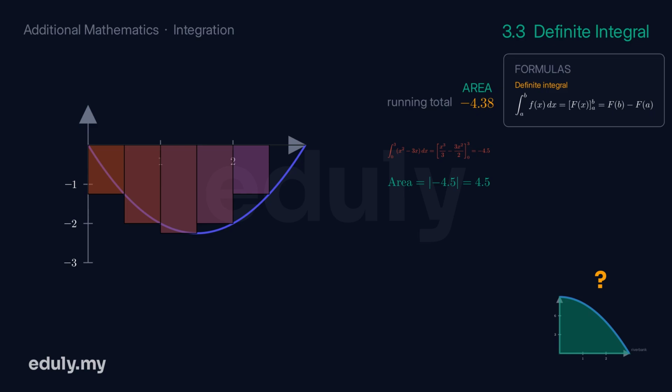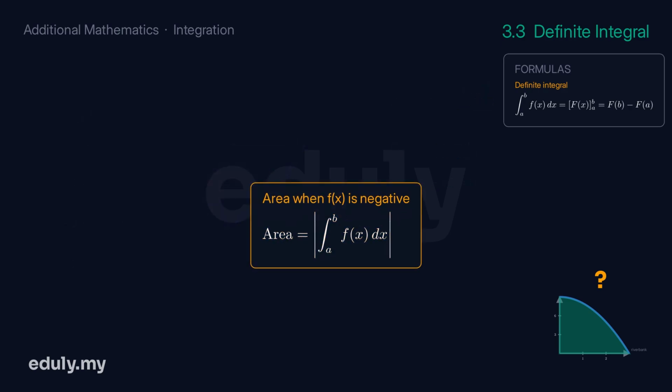But an area you would actually measure on the ground is never negative, so you take the size of that number, not its sign. Onto the shelf. When the curve dips below the axis, the area is the magnitude of the integral, never the raw negative.